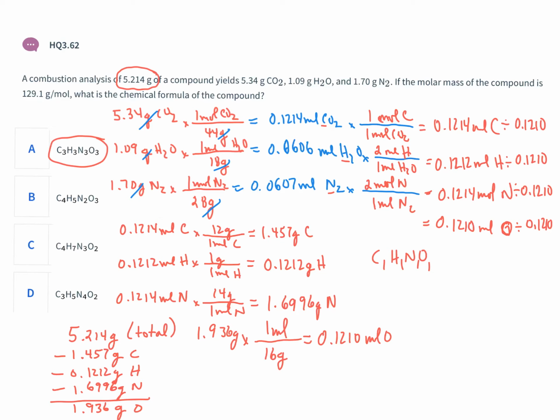Now we need to compare this to my molar mass. I've got my empirical formula. I need to find my empirical formula weight. So the empirical formula weight, carbon is 12, plus hydrogen is 1, plus nitrogen is 14, plus oxygen is 16. That empirical weight is 43 grams per mole.